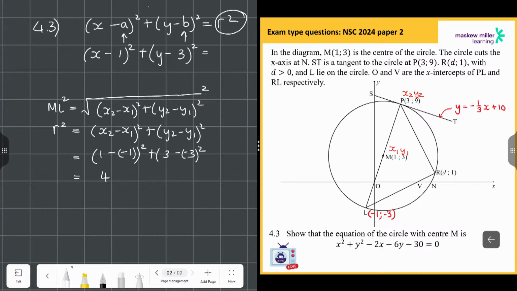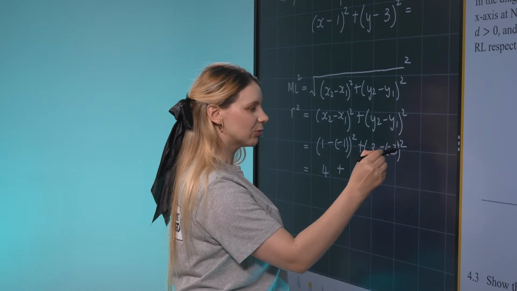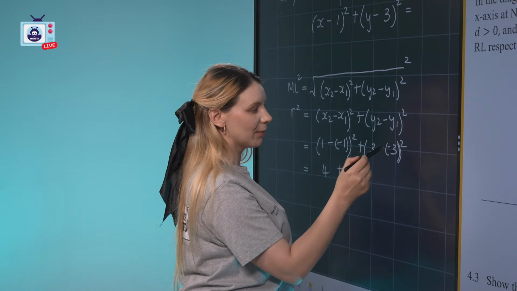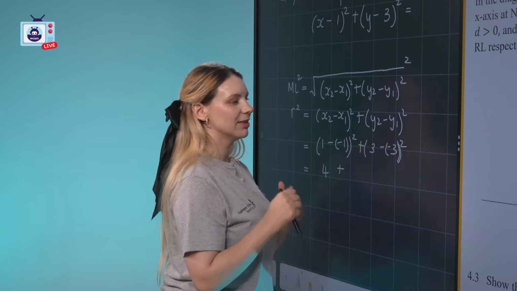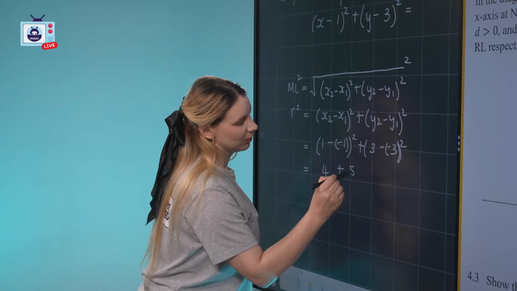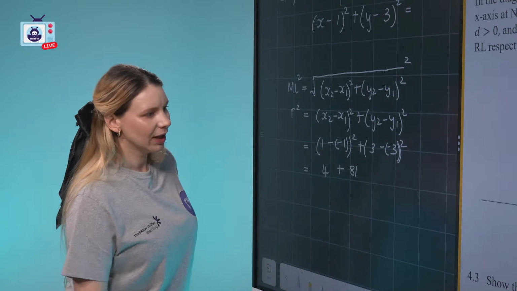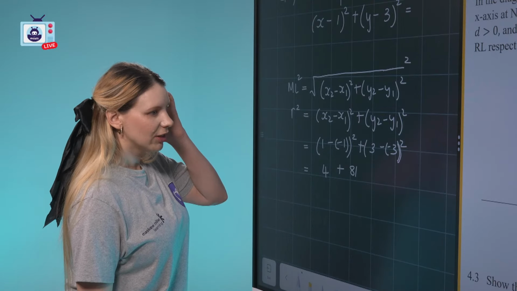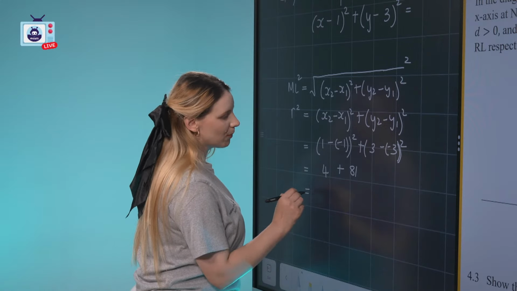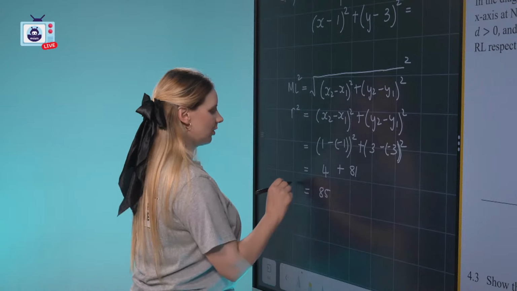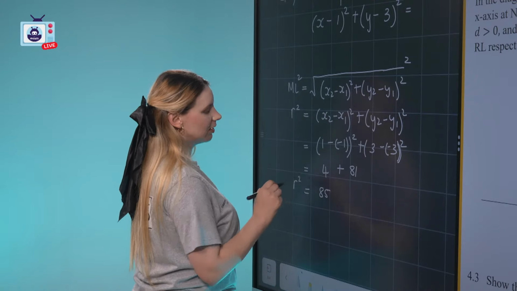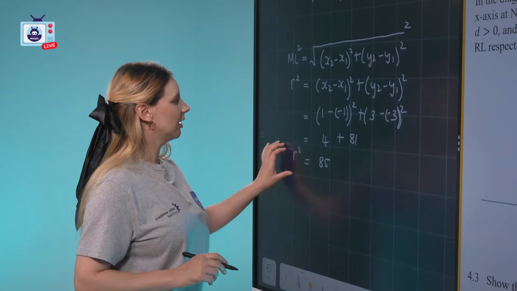So 1 plus 1, and that's 2. That we square, we get 4. Right, and then we're adding here. Let's just put that bracket so you can see. 3 minus negative 3 becomes positive 3. 3 plus 3 is 9. 9 squared will give me 81. Okay, so let's just double check. 3, yes, that's right. So 4 plus 81, that will give me 85.